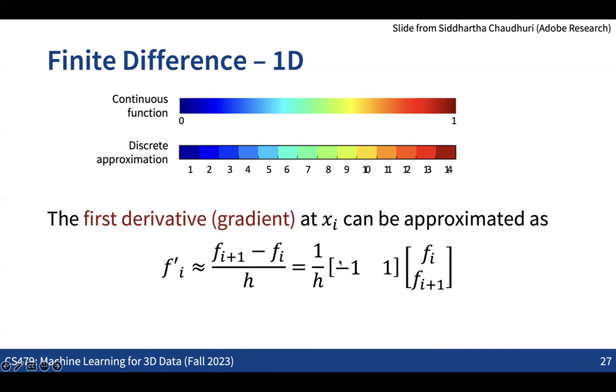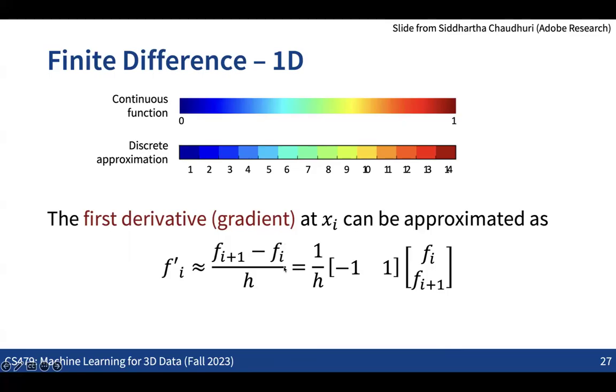Given this vector representation of the function in the discretized space, we want to compute the first derivative and the second derivative. To calculate the first derivative at each point, we can simply approximate it like this.